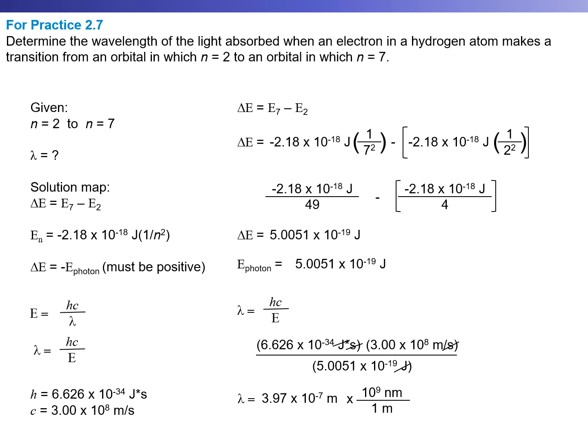That's the units that we're seeking. The meters on the bottom. We can get rid of our repeating units and then go ahead and do the math. And we end up with 397 nanometers for the wavelength of the light that was absorbed by the electron when it hopped from that 2nd orbital out to the 7th.